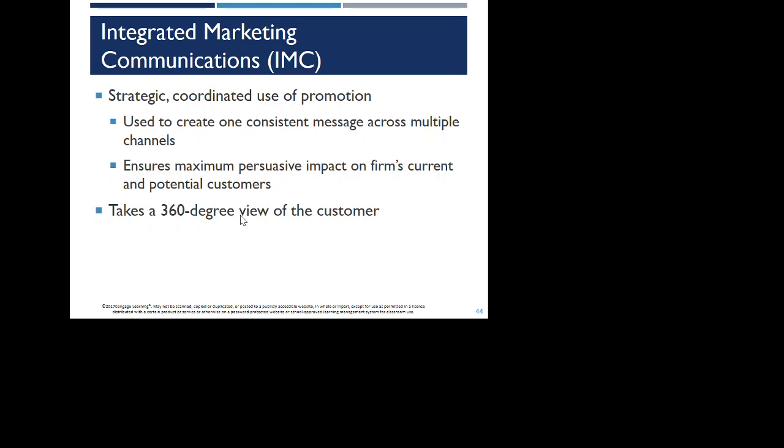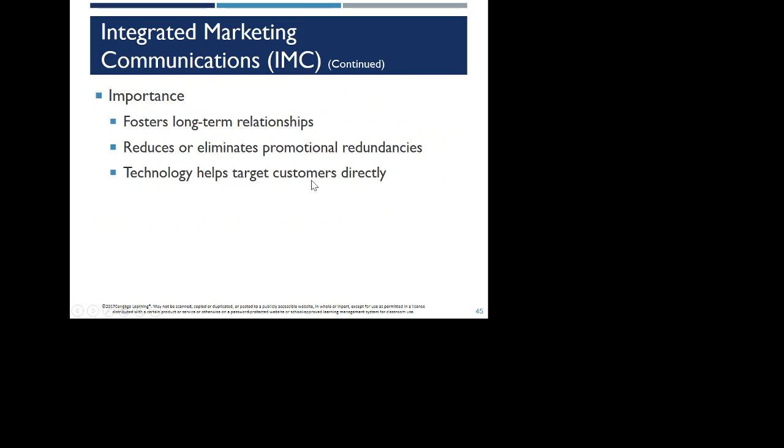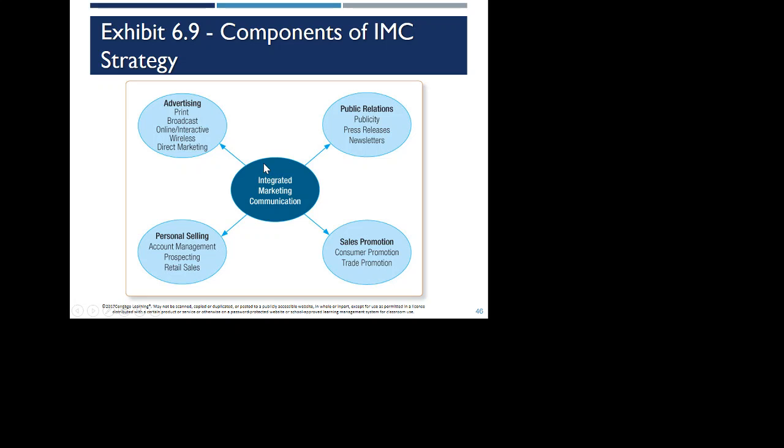So IMC itself is just this idea that for everything you do in terms of communication, there's going to be some sort of consistent message across all the different media types and channels to hopefully reinforce what the brand is, who the brand is, what you do, things like that. Okay, builds long-term relationships, reduces redundancies, things like you see here, helps you target consumers directly.